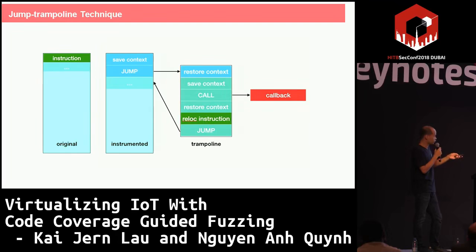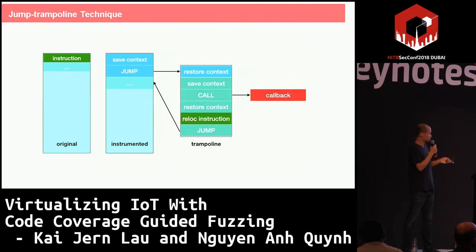After that, we make a call to the callback, which is our instrumentation code. Because a call can modify the CPU context, we save the context first here. After that, we make a call to our callback, and when we return from the callback, we restore the context here.